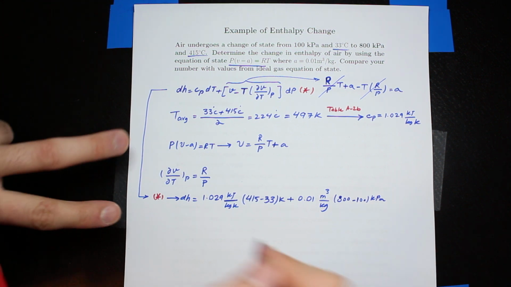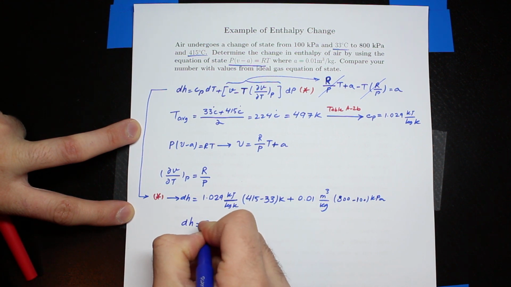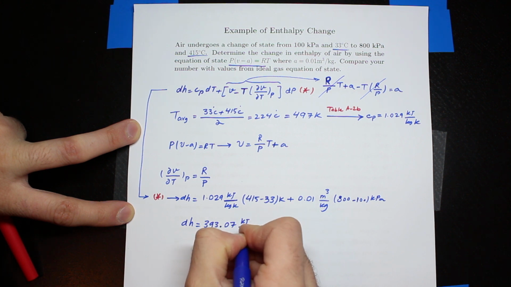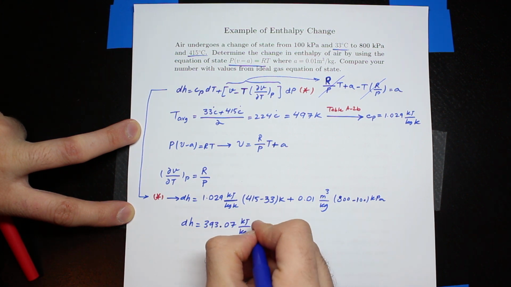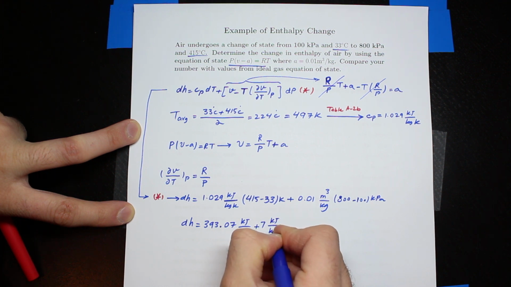Okay, so if you do the math, it will give you dH is equal to 393.07 kilojoule per kilogram, but that's for the first term, and the second term gives you 7 kilojoule per kilogram.